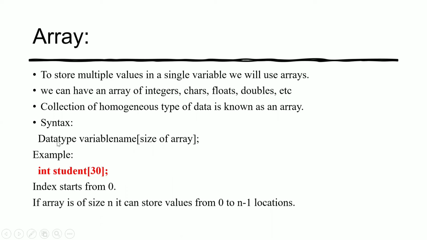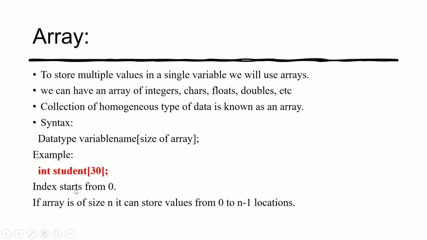Syntax to declare array is data type followed by variable name and size of array enclosed in square brackets. Here is an example for declaration of an array: int student[30]. So here we can store 30 students' data that is of integer type.